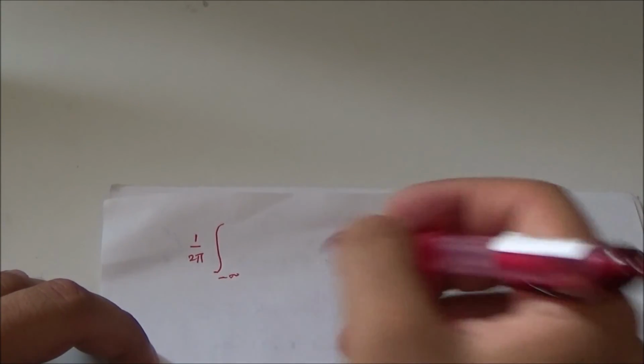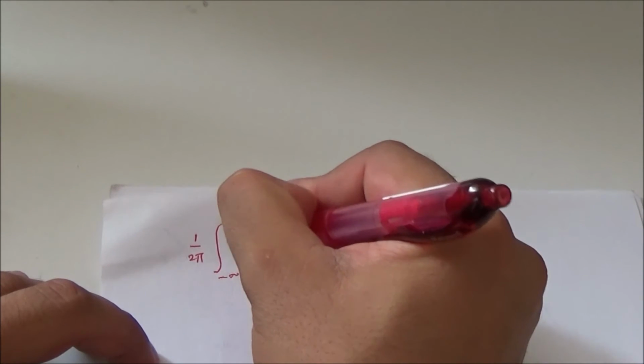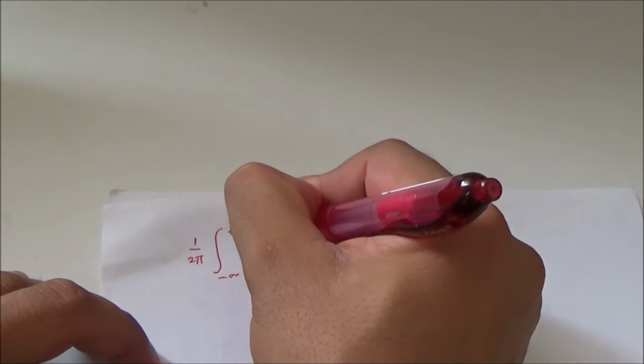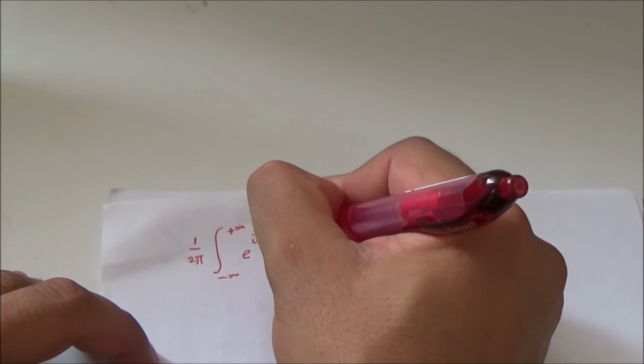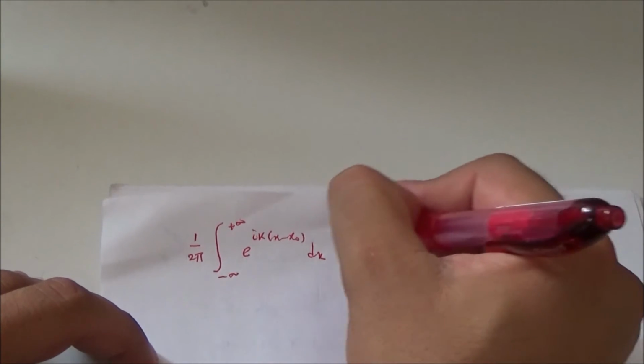But now I will consider this integral from minus infinity to plus infinity of e to the ik(x minus x0) dk.